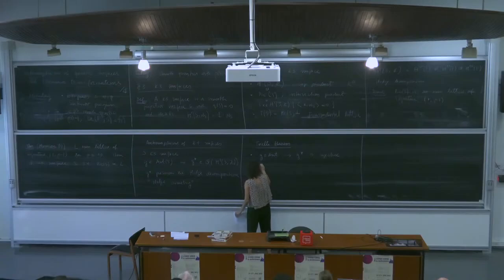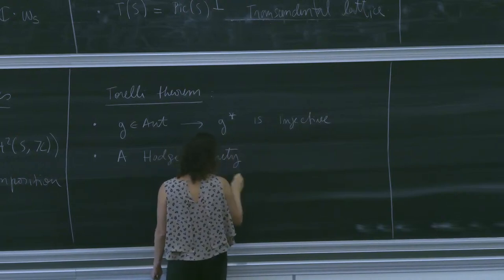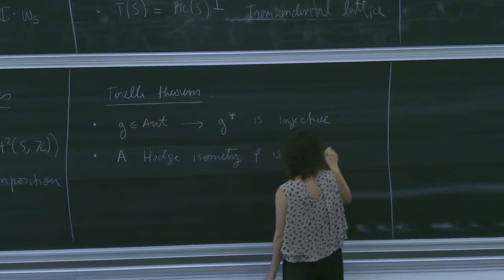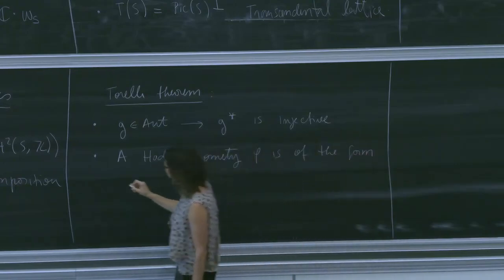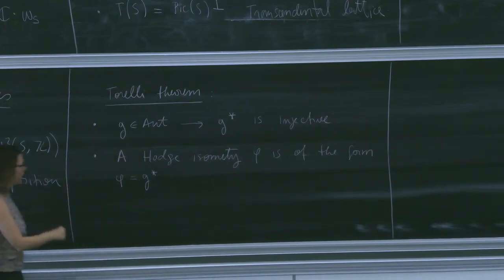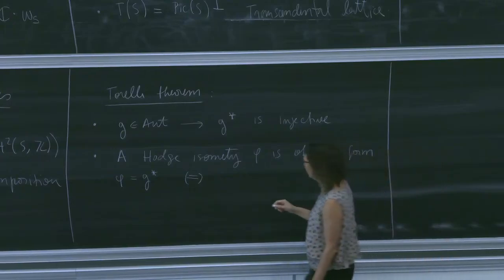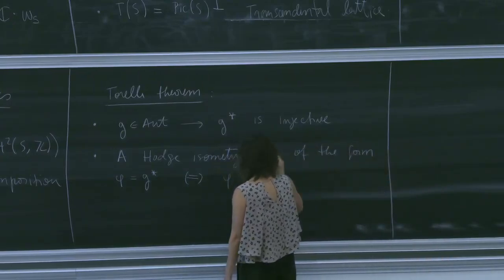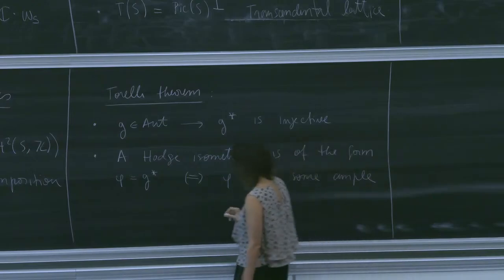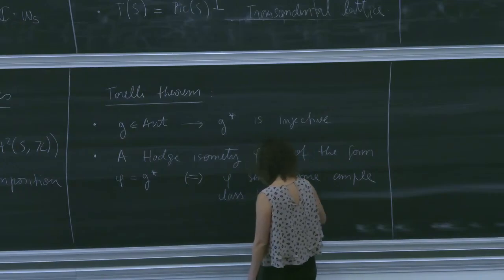If you start with a Hodge isometry phi, it is induced by an automorphism if and only if it sends some ample class to an ample class.